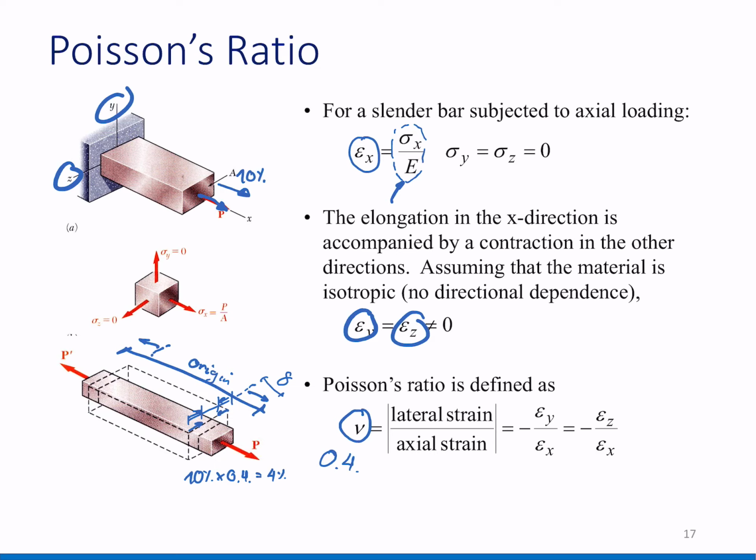And on the z-axis, if y is equal to 0.4 but z is equal to 0.1, then the z-axis is shrunk by 1%, because it's 10% times 0.1, but the y-axis shrinks by 4%, for example.